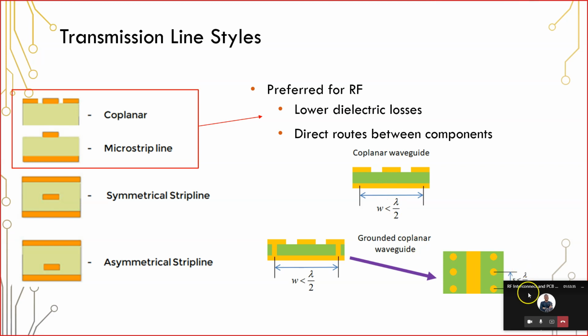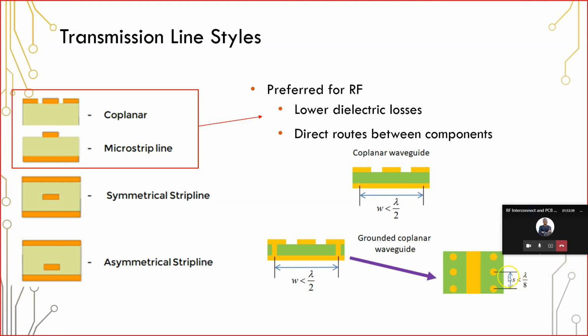The other thing that I need to mention here is the distance between these vias. Here in the lower right portion of the screen, you can see the distance between these vias. This distance also needs to be appreciably small. When we say lambda over 8 here, that's an eighth of the wavelength.